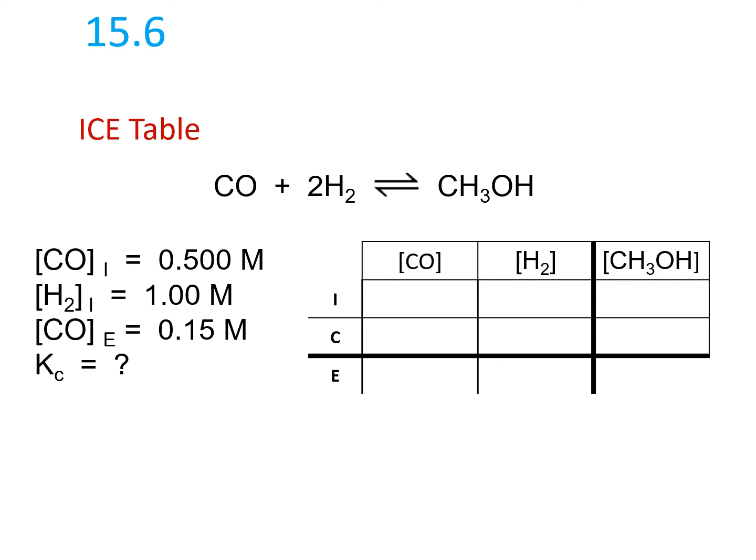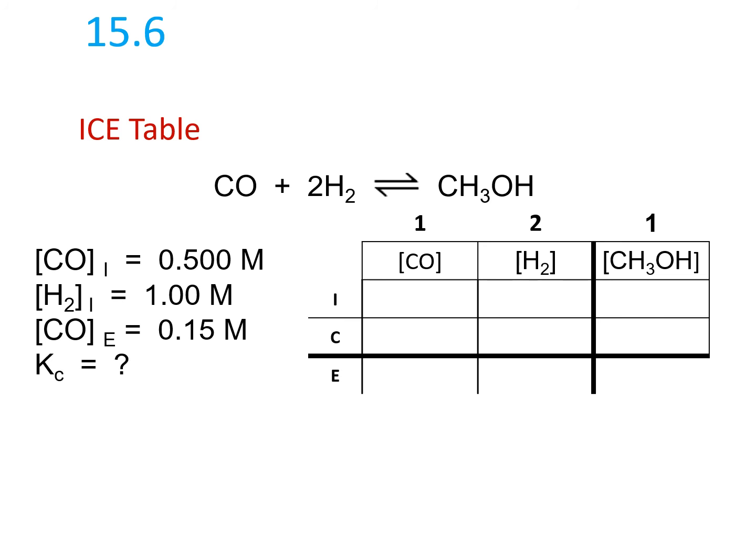The other thing I want to make note of is the ratio in which these occur in this reaction. We have 1 carbon monoxide for every 2 hydrogen gases and 1 methanol. So the ratio is 1 to 2 to 1, and that's going to become important a little bit later on when we're doing these calculations.